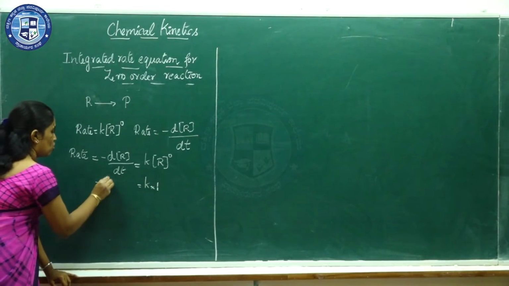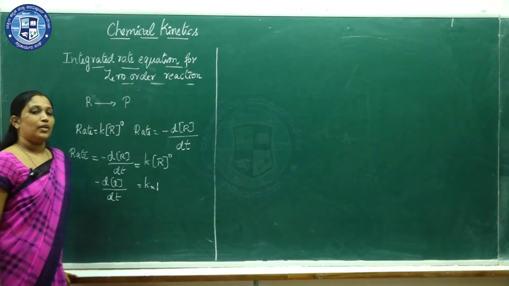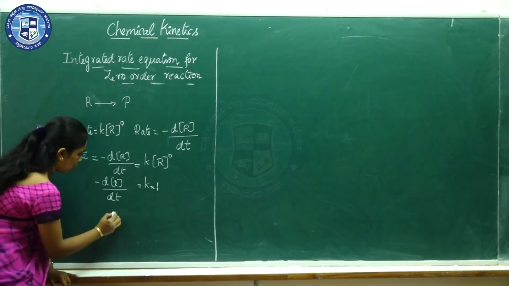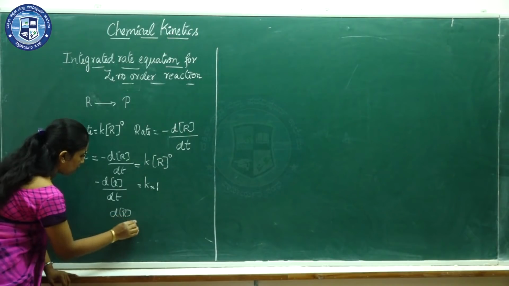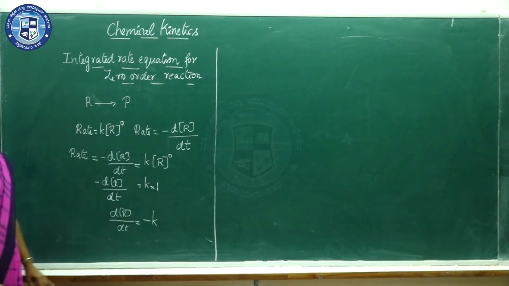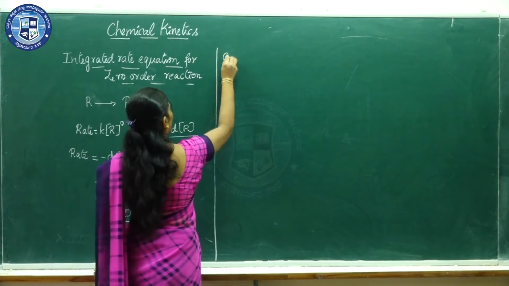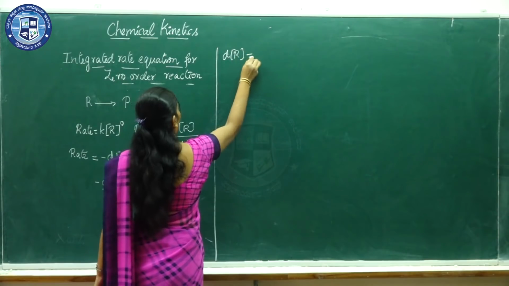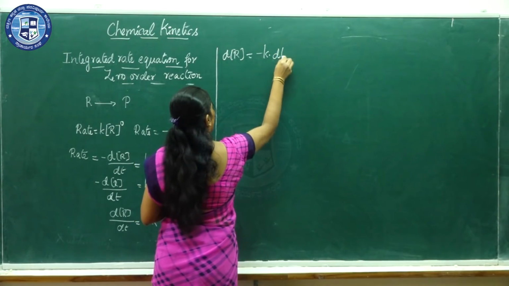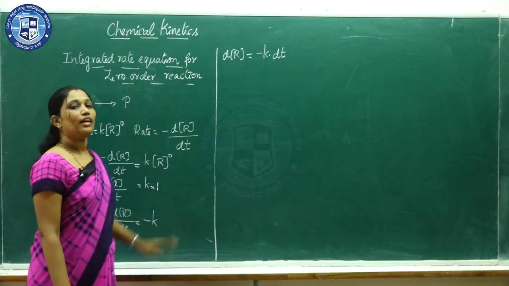So now I will write this as such, minus dR by dt equals k. Now I will be multiplying throughout by minus 1. So what happens now? dR by dt is equal to minus k. Hope you understood this. Now I'll do a bit of rearrangement: dR is equal to minus k dt. So dt I took to the other side.